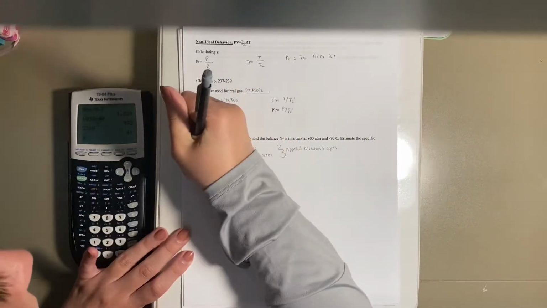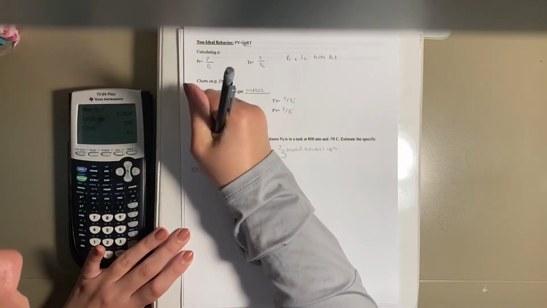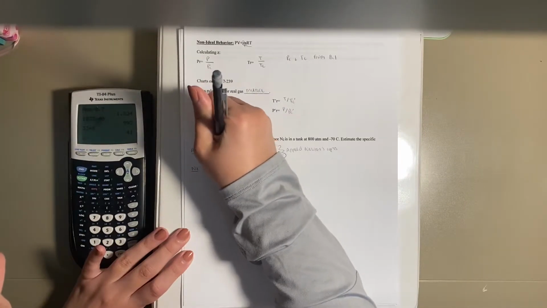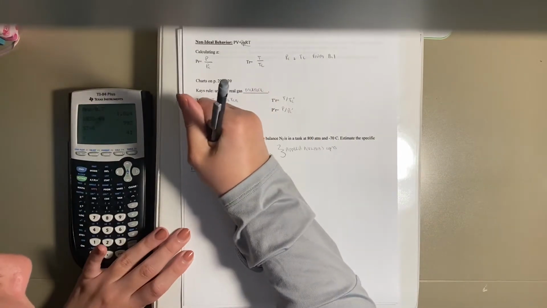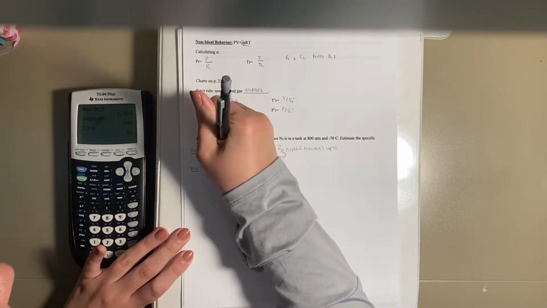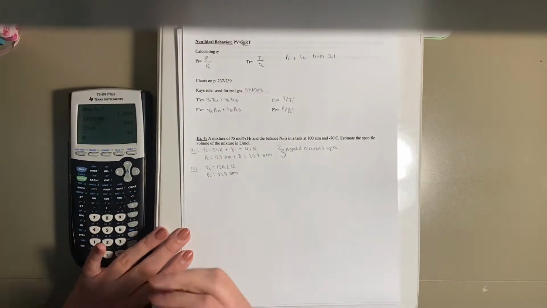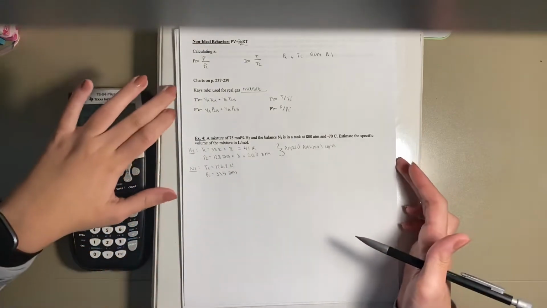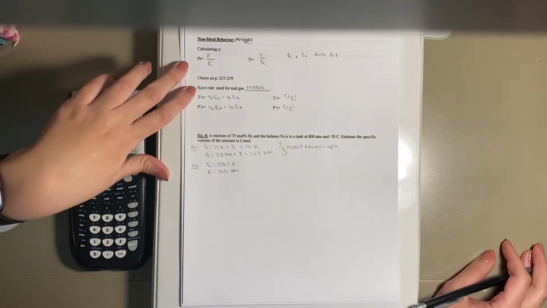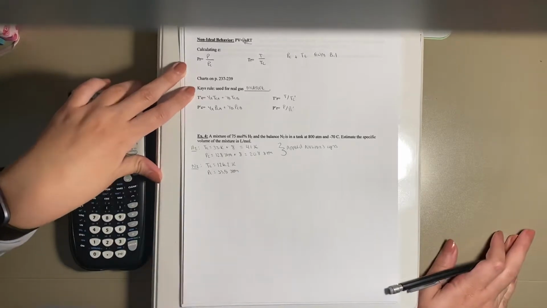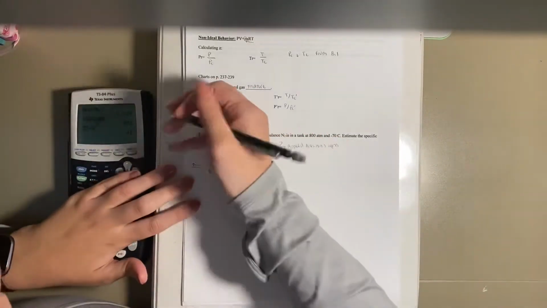And then for nitrogen, the critical temperature is 126.2 Kelvin. The critical pressure is 33.5 atm. Then we apply Kay's rule for a real gas mixture to estimate the critical temperature and critical pressure of the mixture.